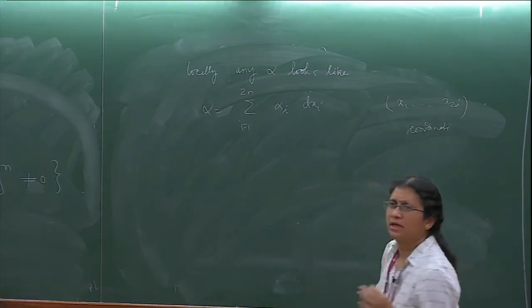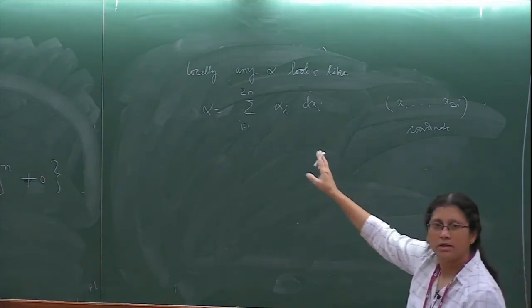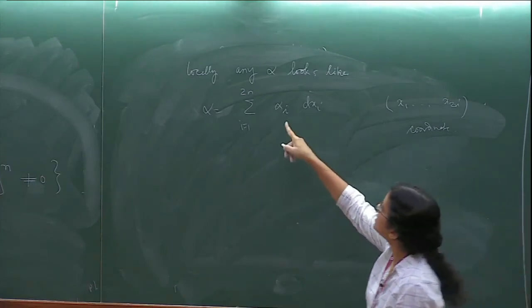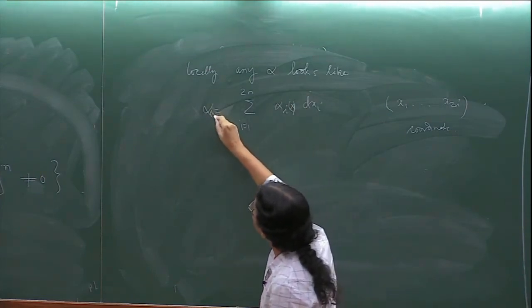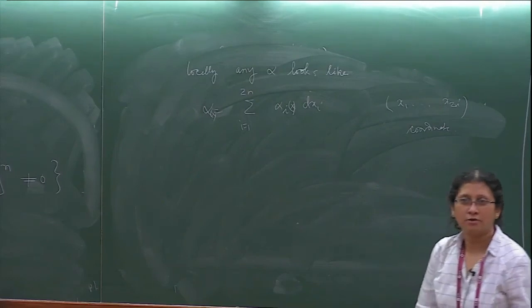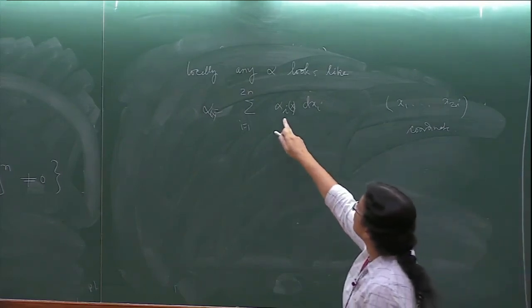Simply think that we are working in R^2n. Just a one form in R^2n will look like this. So these alpha_i's are functions on the base space, right? Alpha is a form, so alpha at x can be written as summation alpha_i(x) dx_i.